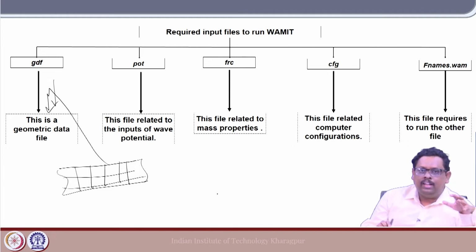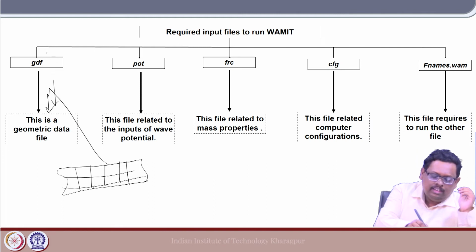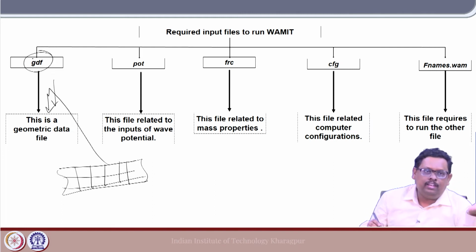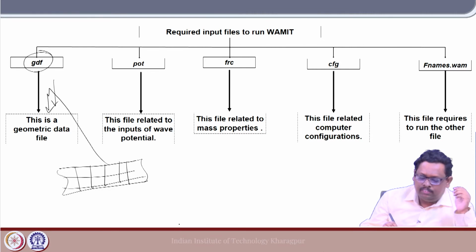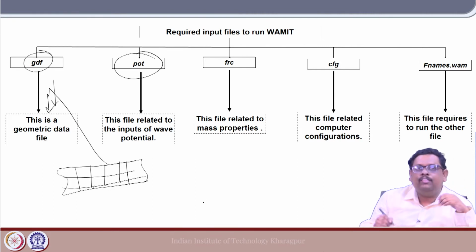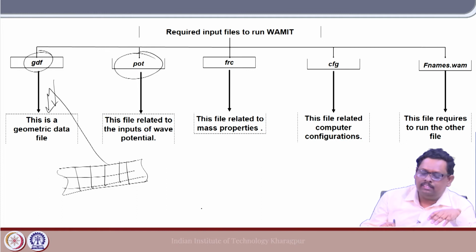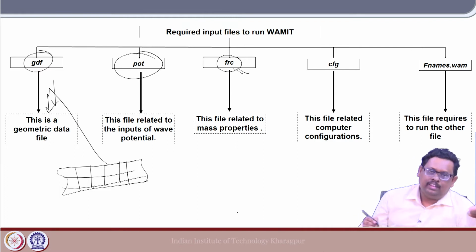Now, if you have Rhinoceros software, then you can directly get the GDF file, otherwise you have to make this GDF file manually. How to make this GDF file manually, we are going to show you. Next one is called the POT file, or you can say the potential file. In this potential file, we need to input all these wave parameters. Okay. And then you have this FRC file, FRC stands for the force file.